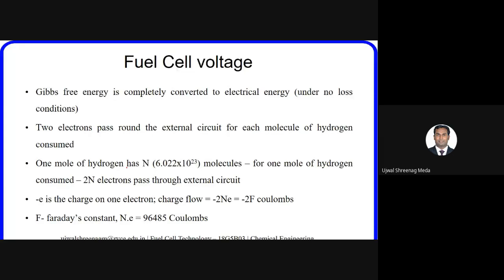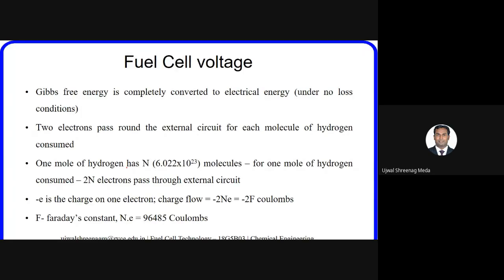When 1 mole of hydrogen is considered, it consists of Avogadro number of molecules in it, that is 6.023 times 10 to the power 23. That is the number of molecules in 1 mole of hydrogen gas.